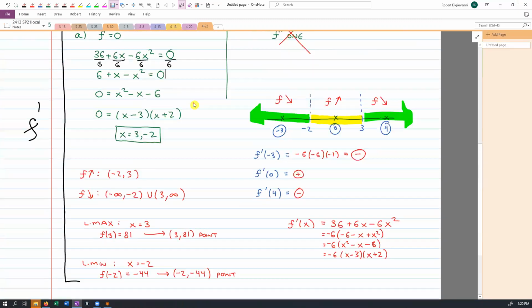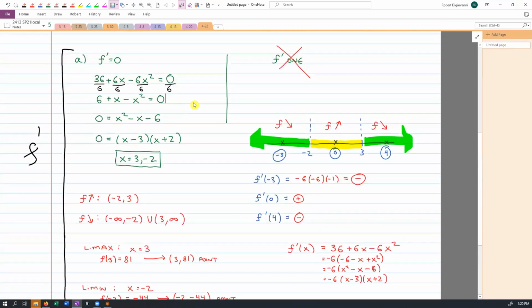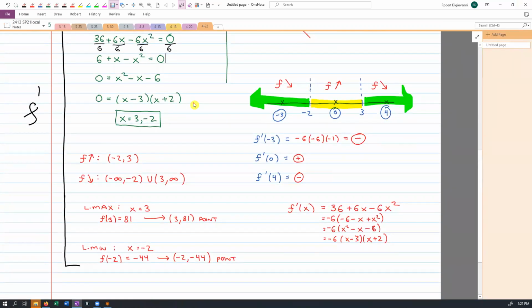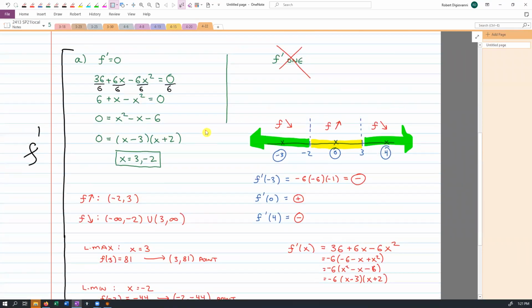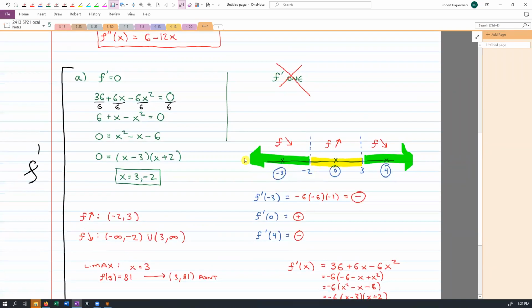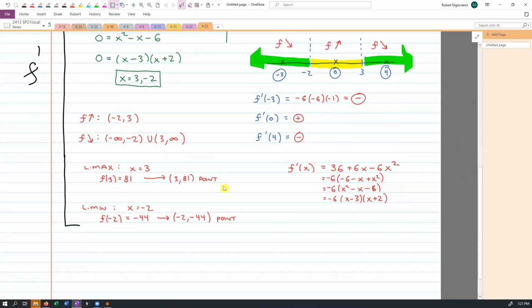I have a question. I don't know if it's a dumb one, but if we just plugged in 3 and -2 into the function, could we assume that whatever points we get are our local max or min, or should we go through this whole process?